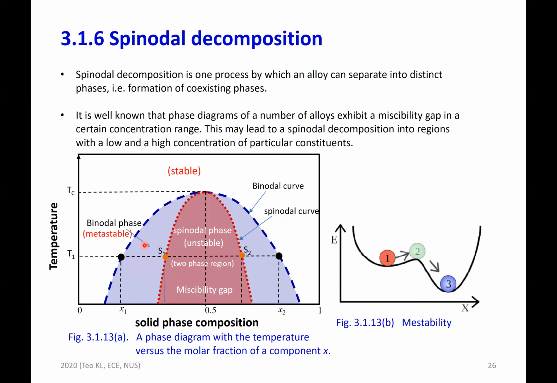But they will grow, of course, without decomposition. But as I said, sometimes after the growth process, you subject the substance to some heat treatment, and it will become thermodynamically stable, but it can also lead to decomposition.